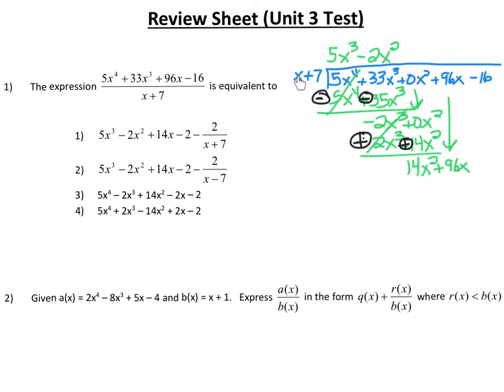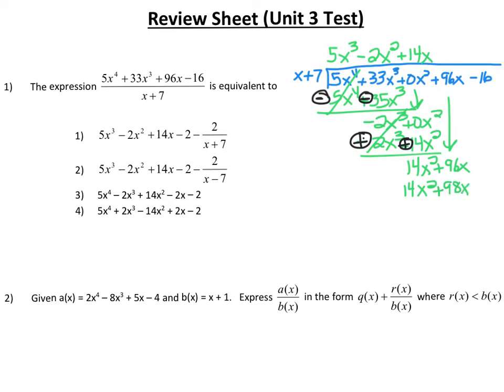So I would multiply x by 14x in order to give me 14x squared. So I'm going to put the 14x on top. And then let's distribute. 14x times x is 14x squared. And then 14x times 7 would be 98. So positive 98x.